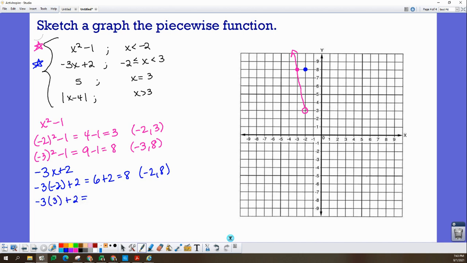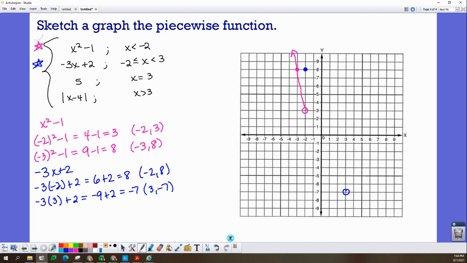So -3 times 3 is -9, and -9 plus 2 is -7. So we get the point (3, -7). But notice that x is strictly less than 3, so we're not including (3, -7), which means we're going to use an open circle at (3, -7).